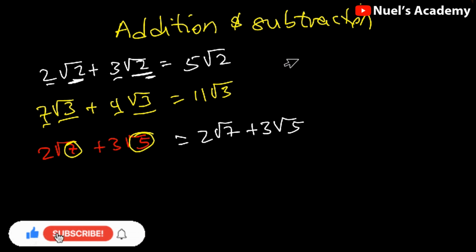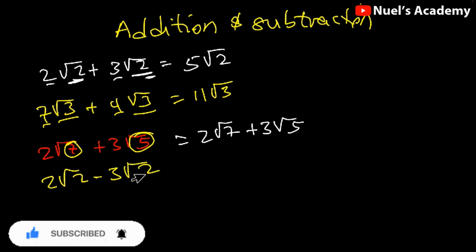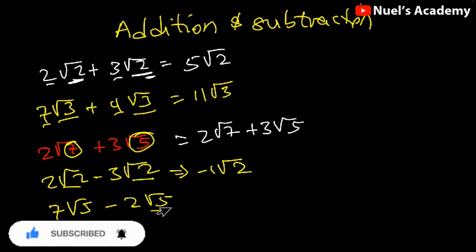The same thing is applicable to subtraction of surds. If you have 2 root 2 minus 3 root 2, because the radicals are the same, we just subtract the coefficients. So we have 2 minus 3 is negative 1, then root 2. If you have 7 root 5 minus 2 root 5, they have the same radicals, so we can go ahead and subtract them. 7 minus 2 is 5, then we have 5 root 5.